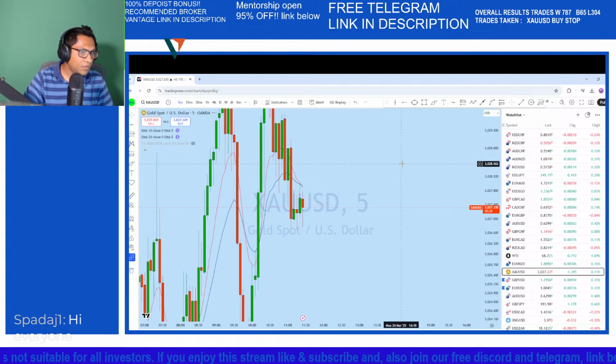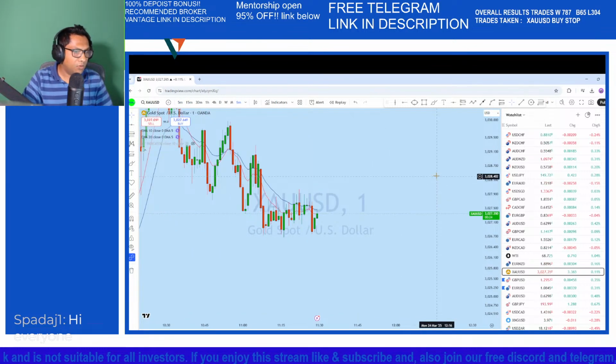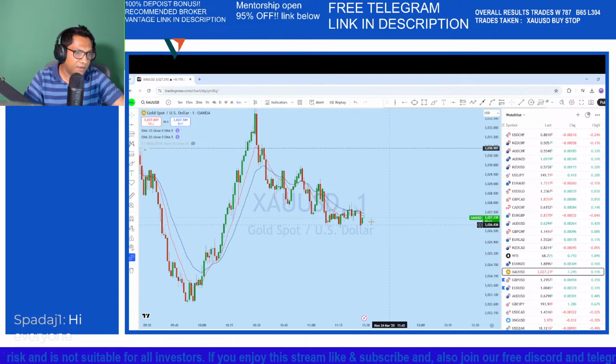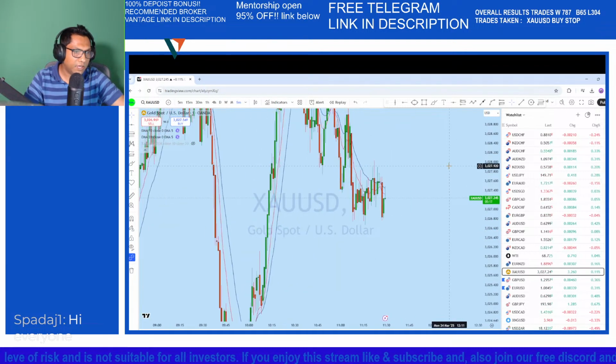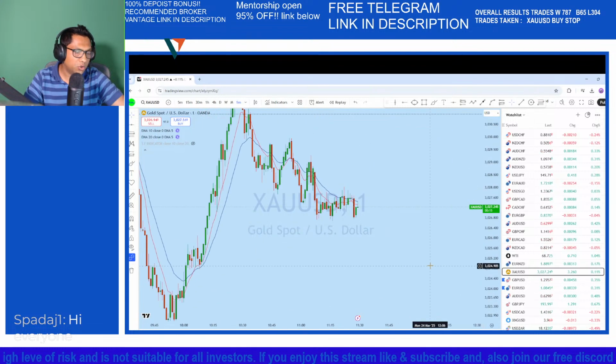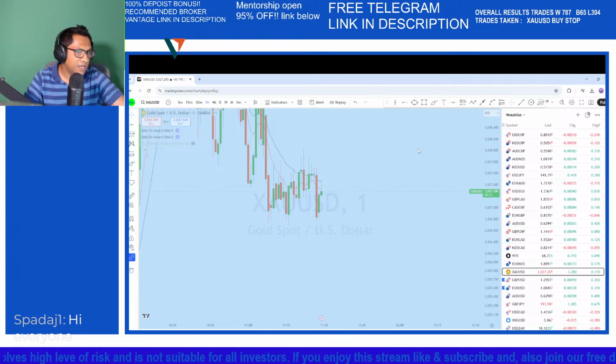This is lower time frame price action on XAUSD, on gold, and we will also be looking at the higher time frame price action.